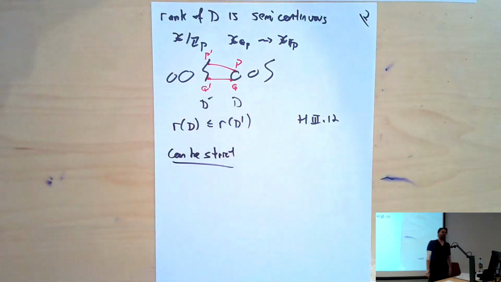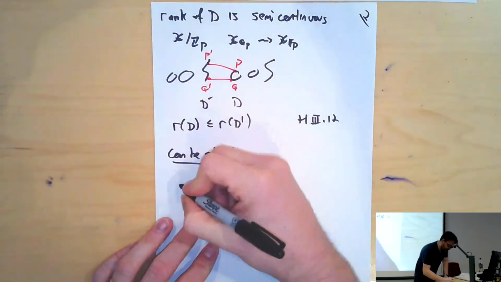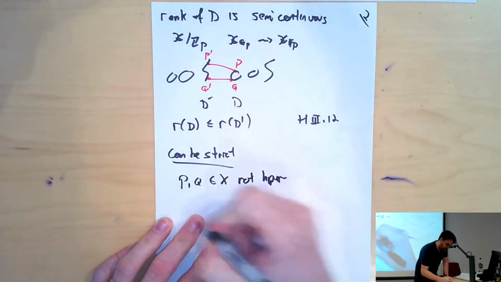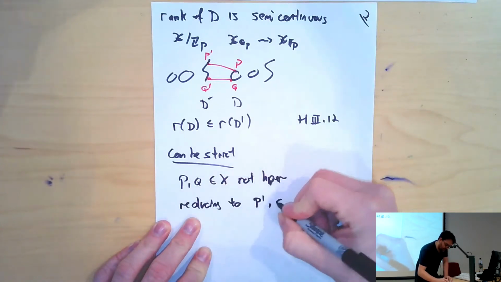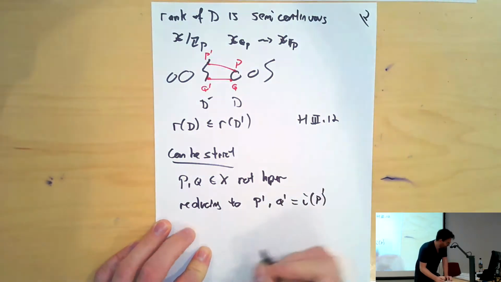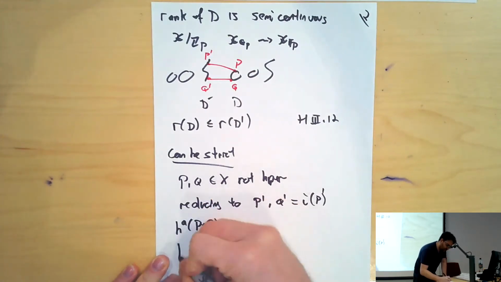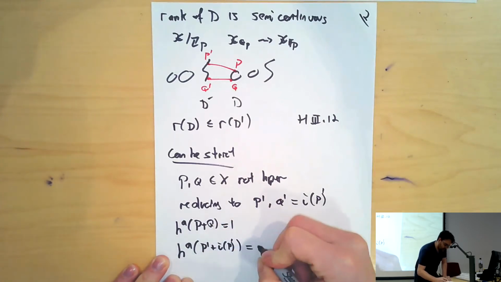So for instance, the following is not obvious, but you can have a non-hyperelliptic curve degenerate to a hyperelliptic curve without introducing any singularities. And so in that case, if you have P, Q on X not hyperelliptic reducing to P prime and Q prime, where Q prime is the image of P prime under the hyperelliptic involution, then H naught of P plus Q is 1, and H naught of P prime plus iota P prime is 2.